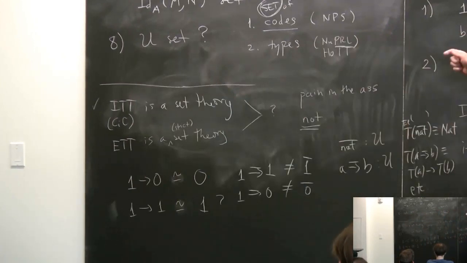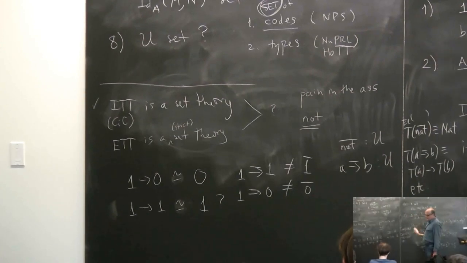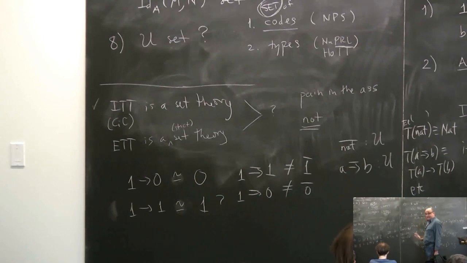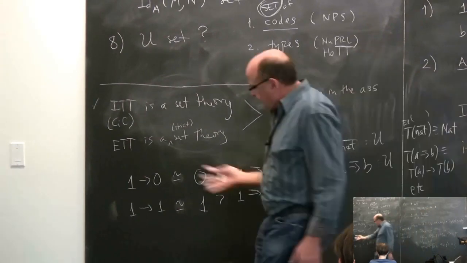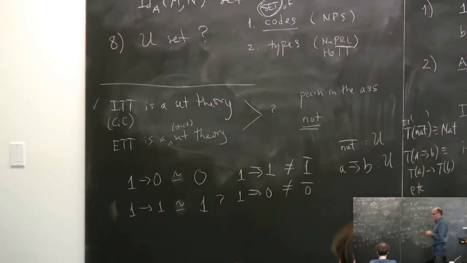As I'll mention next time, it's a very easy exercise to show this implies that the universe under that interpretation is not a set. We'll get to that next time, because there's a non-trivial path structure. Why? Because these equivalences have content, and if you're injecting those equivalences in and regarding them as equality proofs, you can feel there are many ways things can be equivalent, and so probably, and I'll be able to prove this, the universe is not going to turn out to be a set, which is true.